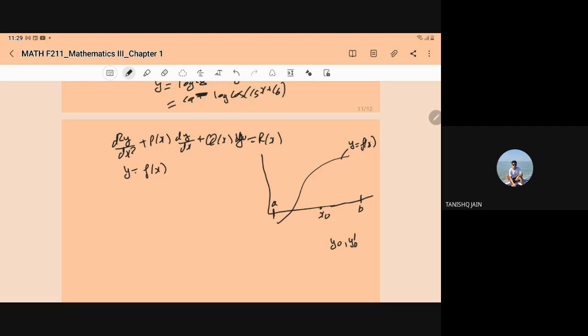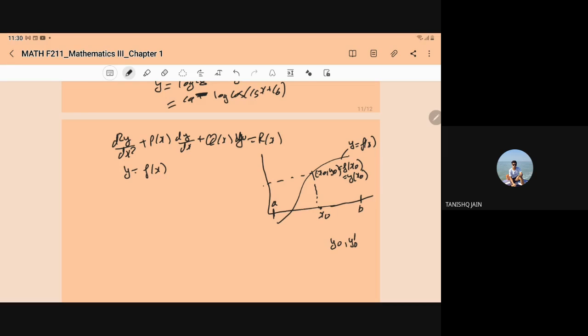So here this coordinate will be x naught, y naught, and y naught is given to you. It is the f of x naught, or you can say it is the y for x naught.